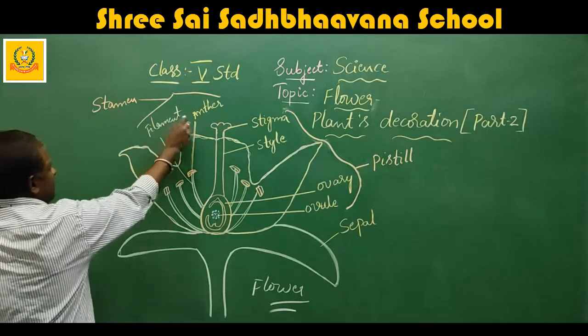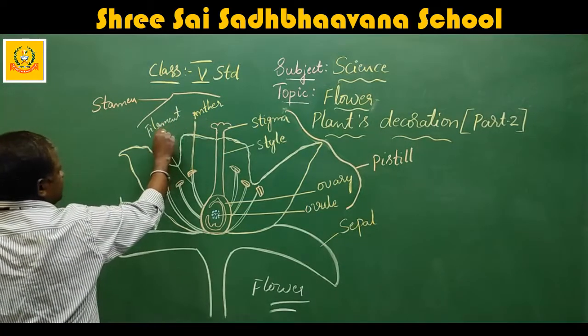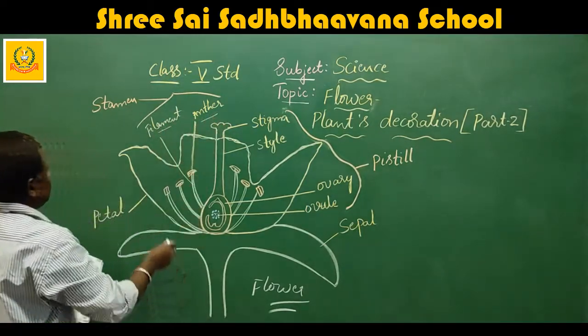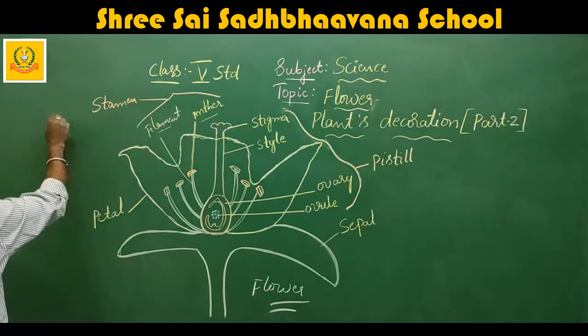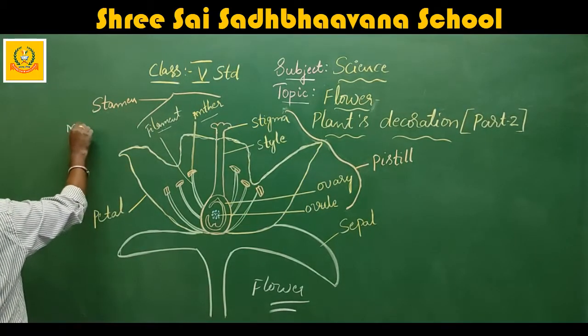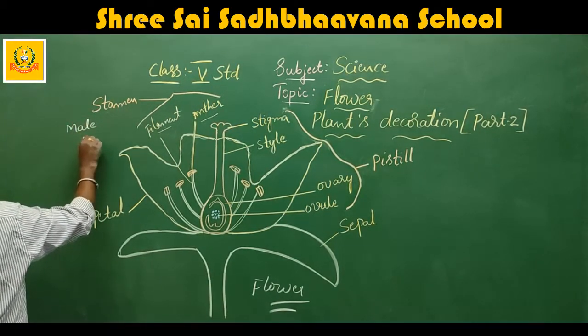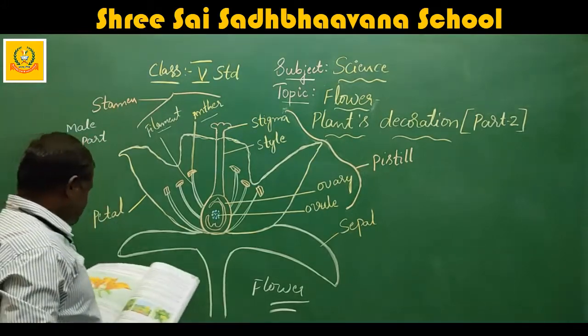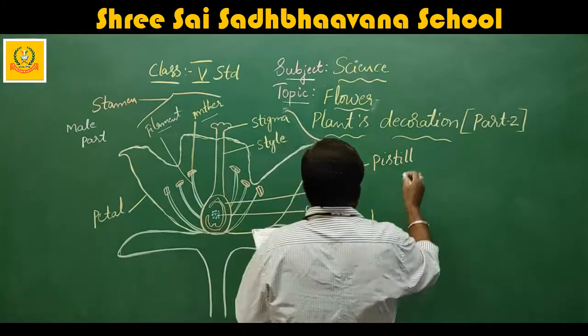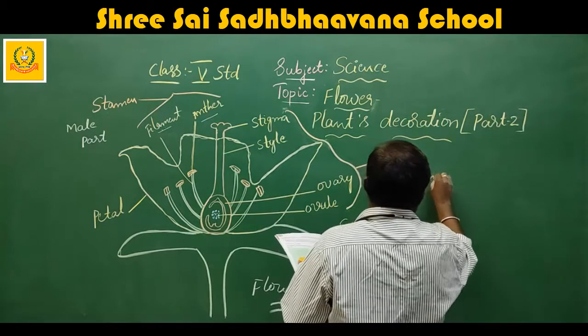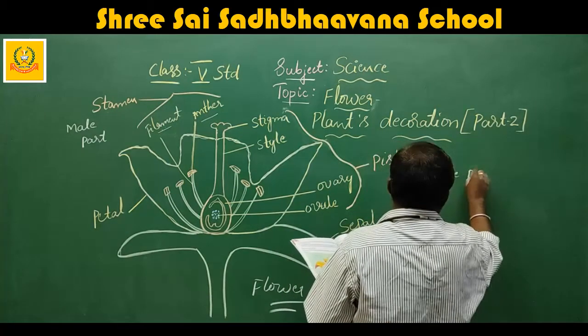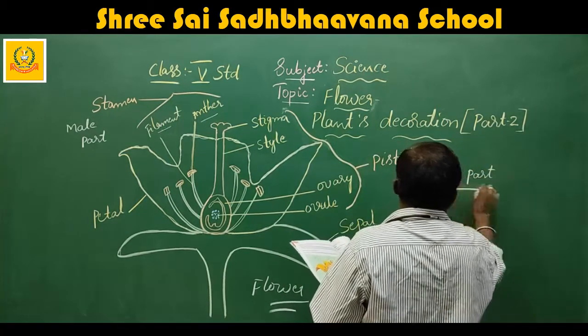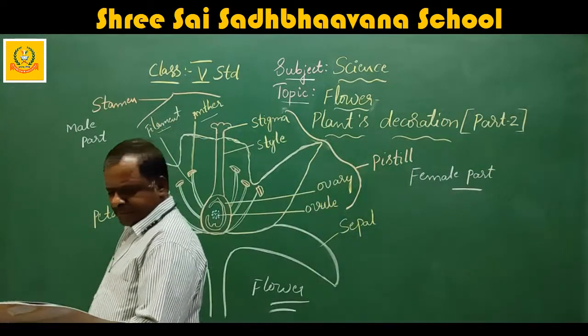See, I have drawn it. I hope the figure is good, but not 100%. I hope this is how a flower looks like. Here these are the male parts: the filament and anther are the male parts, or the stamen is the male part. And this pistil is the female part. Male part and female part.